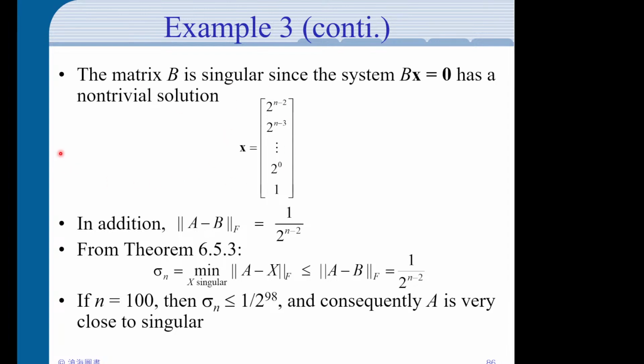We have an explicit example here: B times this x equals 0. So B is a singular matrix.